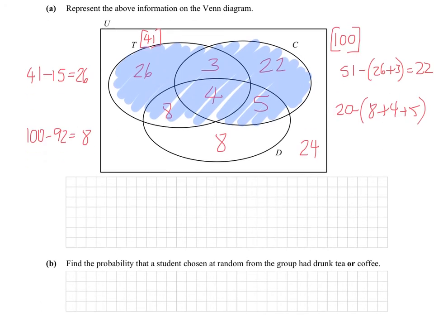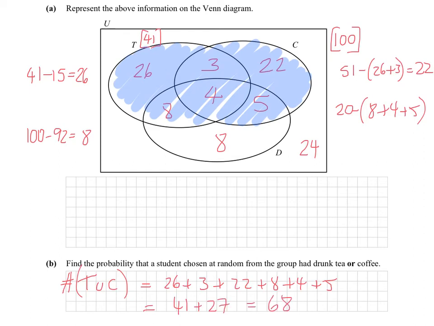We get the sum of 26 and 3 and 22 and 8 and 4 and 5. Now before I work that out, we know this entire section is 41, so realistically all we're doing is 41 plus 27. And our answer is 68.